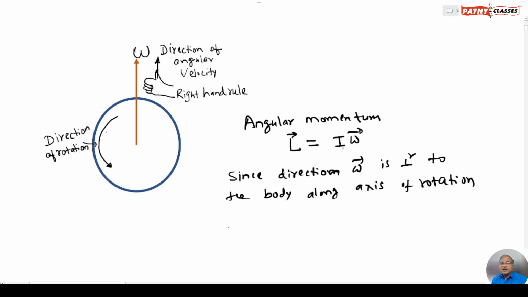So I omega is a vector quantity, even though I is a scalar value. So L is a vector and the direction of L equals the direction of omega. Therefore, L is also a vector quantity.